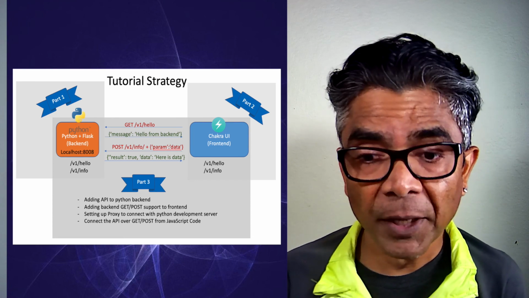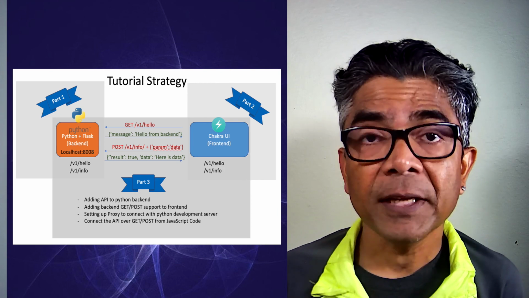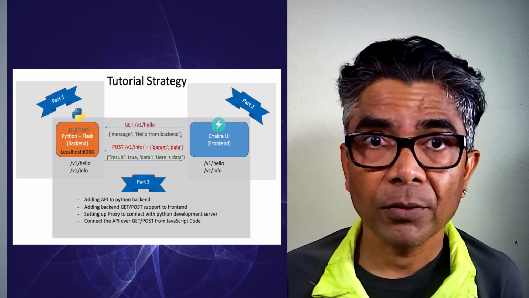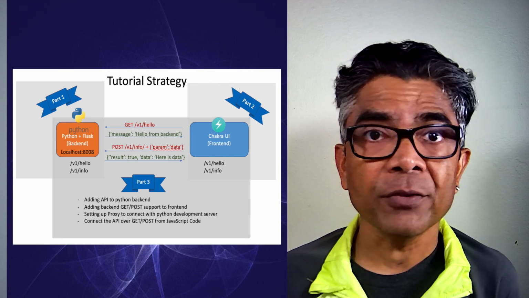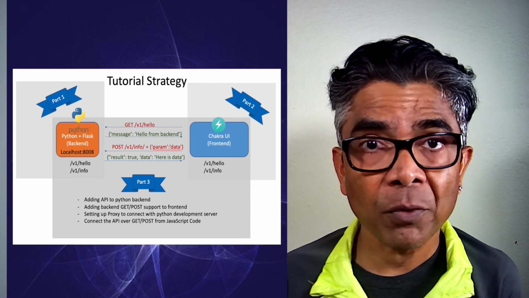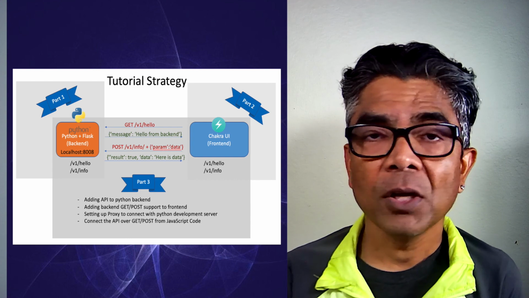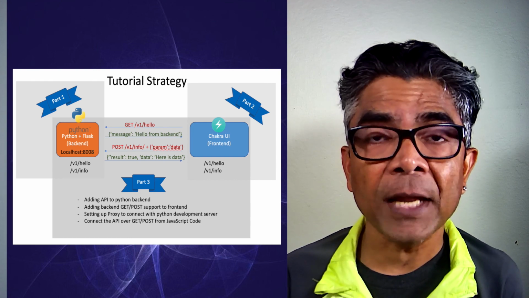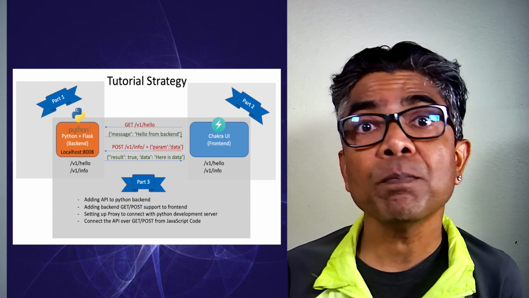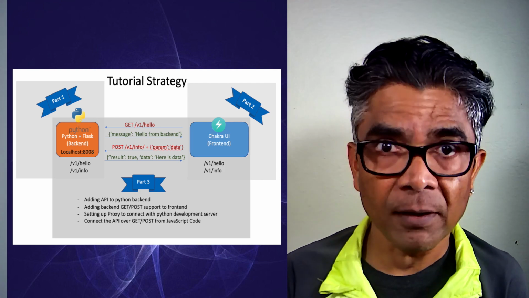In the third part, we wrote the code in the Python backend server to implement various endpoints such as version, API version v1/hello, v1/info. We also made sure that each of our endpoints has GET and POST requests handled in it.